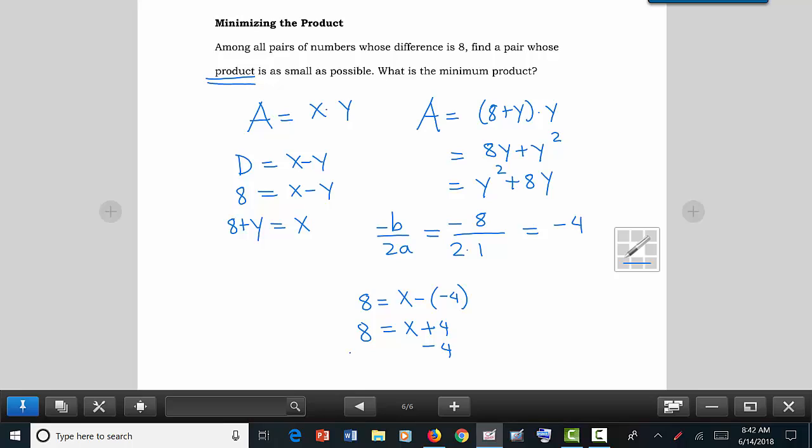Subtract 4 from both sides, and we get X is 4. So the two numbers are X equals 4 and Y equals negative 4, and these are the numbers which make the product the minimum, which makes sense.